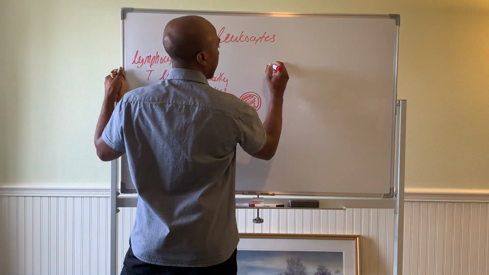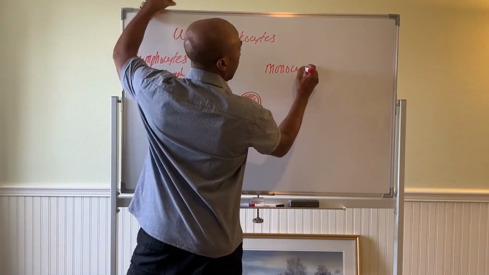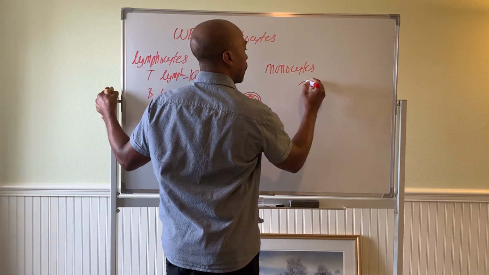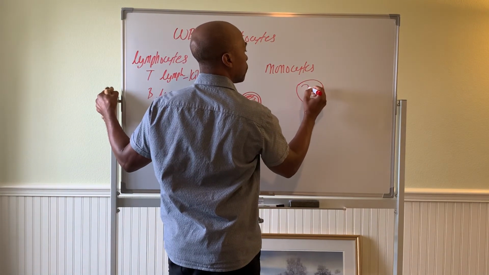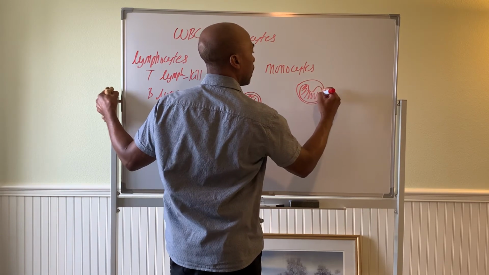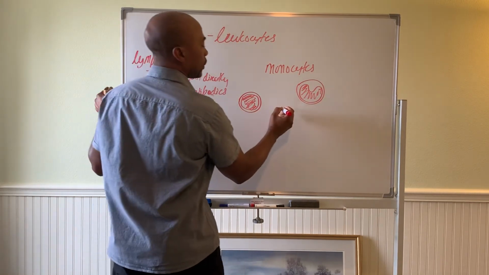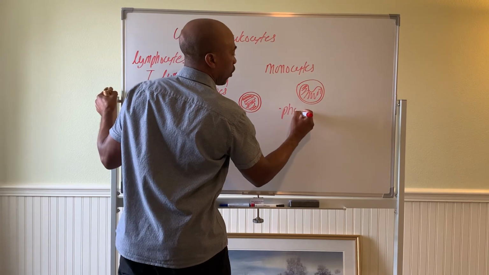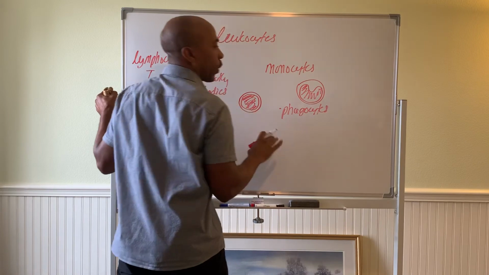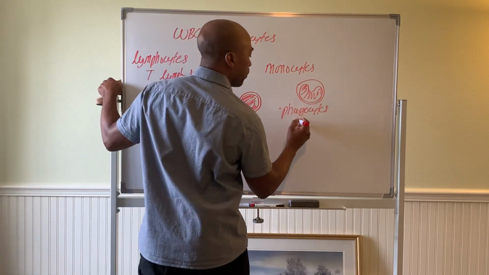And then your monocytes. The nucleus in them is almost U-shaped like this. These cells are what we call your phagocytes. These cells leave the blood, go into your tissue, and remove debris.